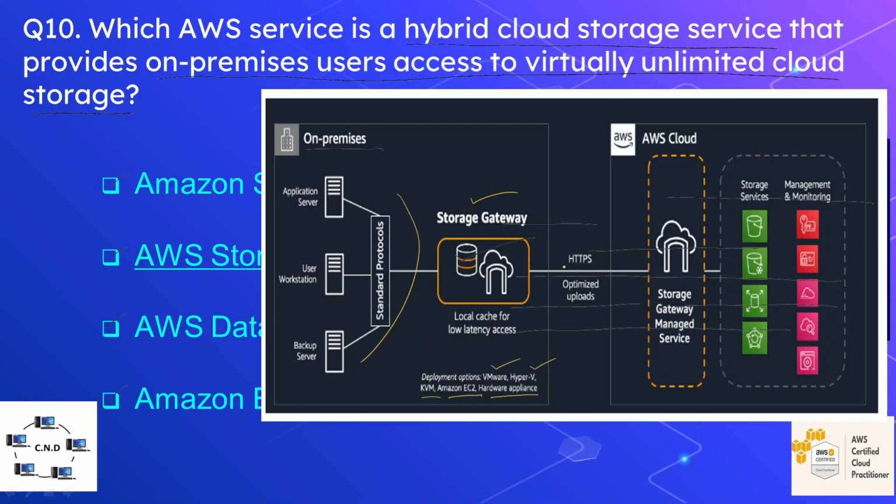And again, it uses HTTPS for security over the networks. And here inside AWS, we have the Storage Gateway managed service. So basically, this storage gateway gives unlimited storage access inside the cloud, in the form of buckets, to these on-premises applications.